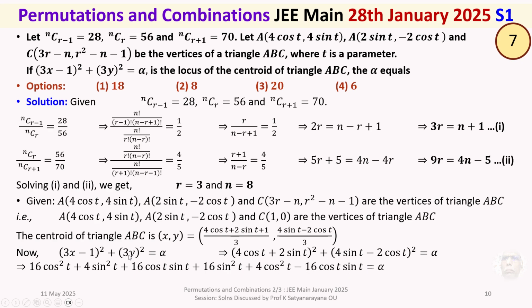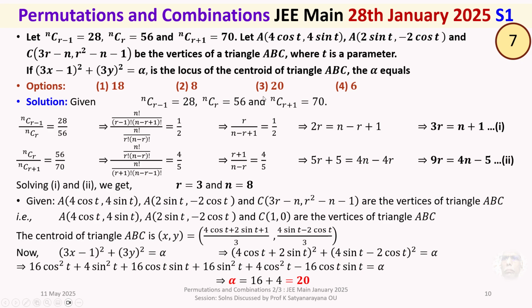The cross terms cancel, 16 cos² t plus 4 cos² t is 20 cos² t. 4 sin² t plus 16 sin² t is 20 sin² t. Thus we get 20 cos² t + 20 sin² t, that is equal to 20. So thus you get alpha is equal to 16 + 4, that is equal to 20.